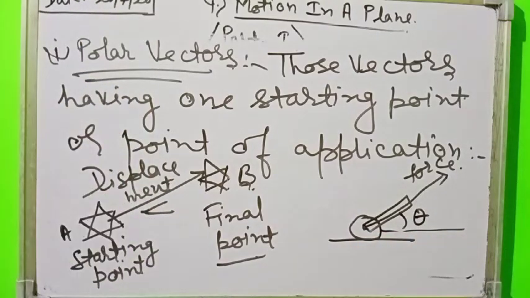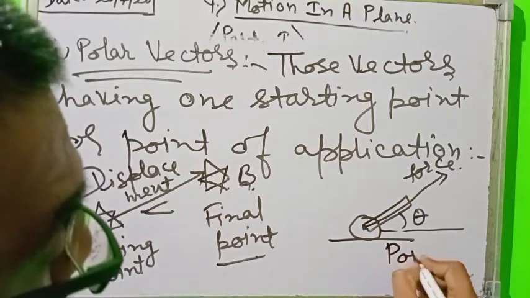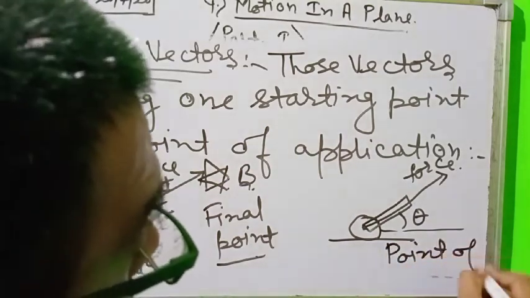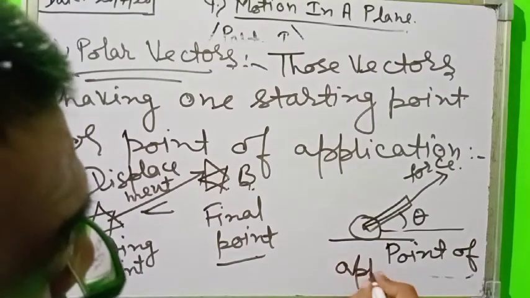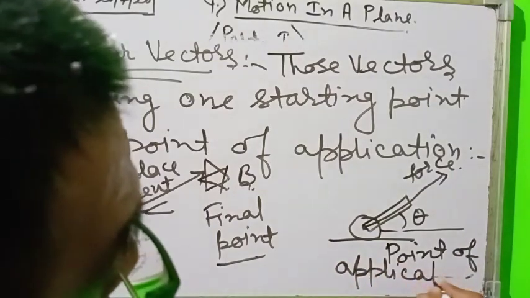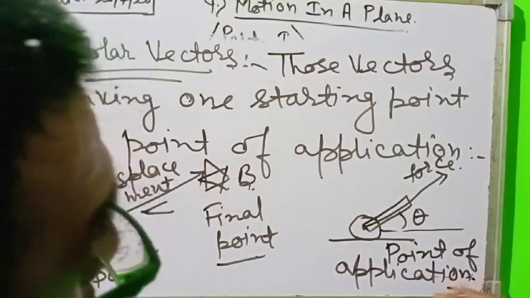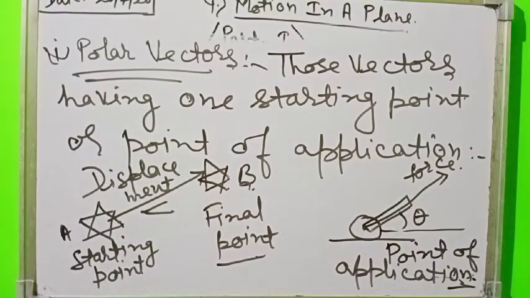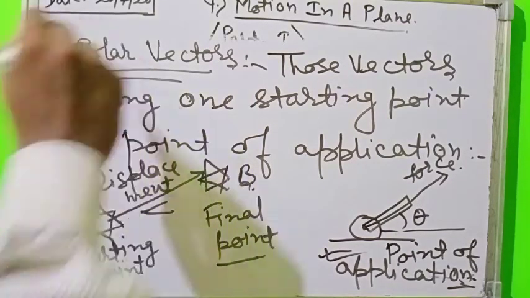If you are applying a force on a wheel, there is a point of application. Those vectors having any point of application, means at a single point you can apply that vector, or which have one initial point or a starting point and final point, are called polar vectors.